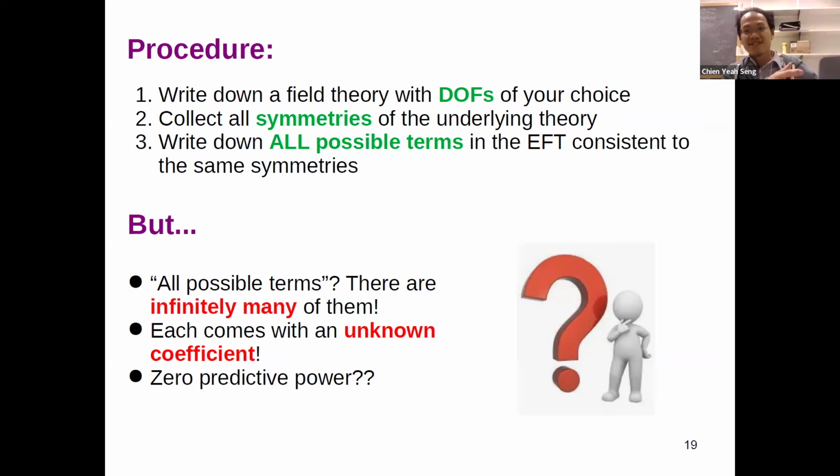You don't know these coefficients, so you have to fix them by matching to experiment. But you have infinitely many of them. That means you need to match to infinitely many experiments. So does it mean that such a theory has zero predictive power, because you are too busy matching your coefficients with experiments and then you can predict nothing, right?